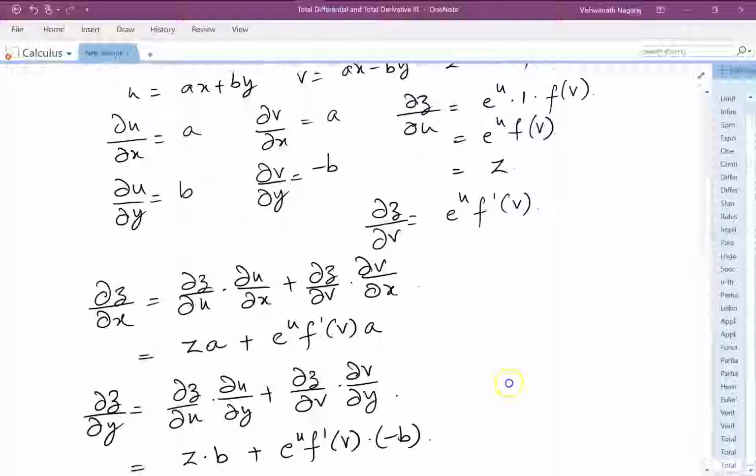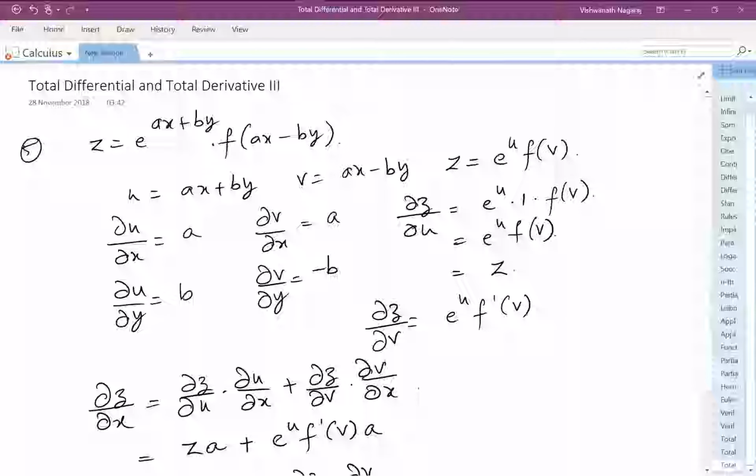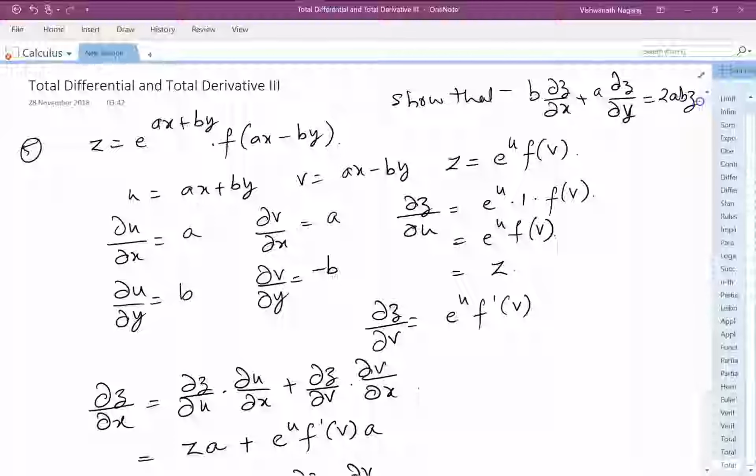So now basically what we have to show is, I didn't mention that at all, what we have to show: show that b dou z by dou x plus a dou z by dou y is equal to 2abz.